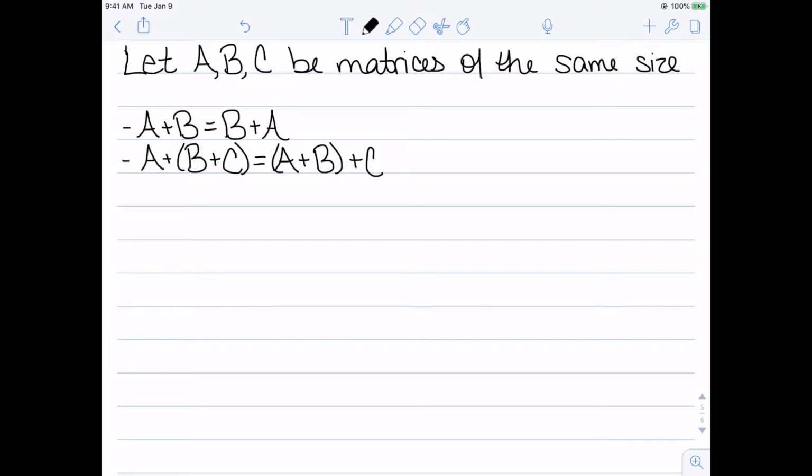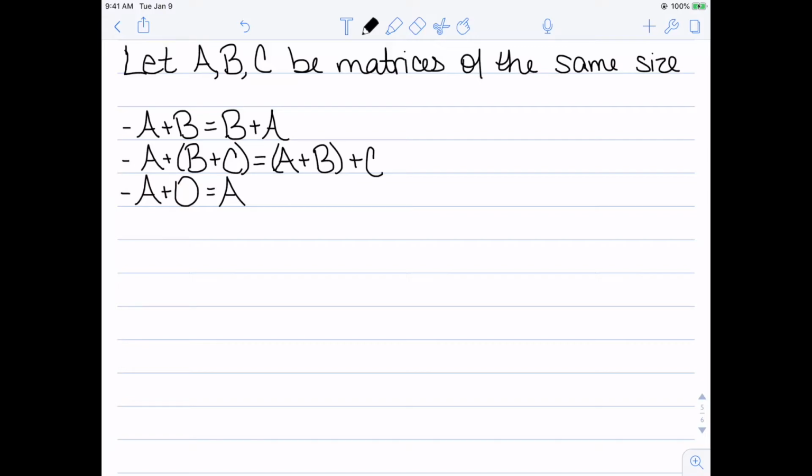My next property is associativity of matrices. (A plus B) plus C is the same thing as A plus (B plus C). And then the third property, A plus 0 is equal to A. So A plus that 0 matrix behaves exactly the way we want it to.